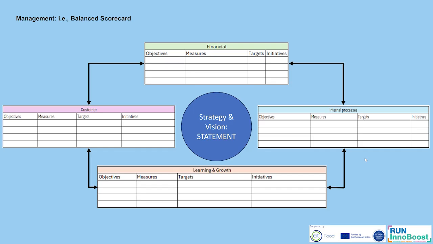The most strategic value of this balanced scorecard is, of course, the financial perspective. In this view, you define, for example, the revenues that you would like to achieve with the innovation and your business.